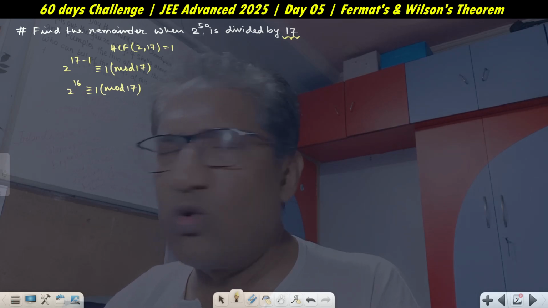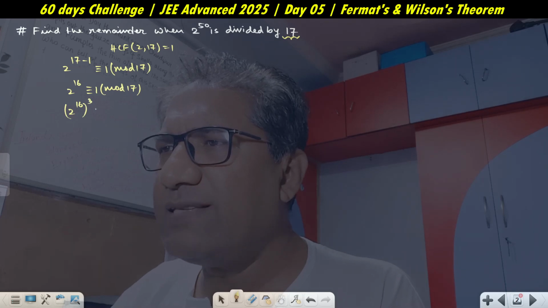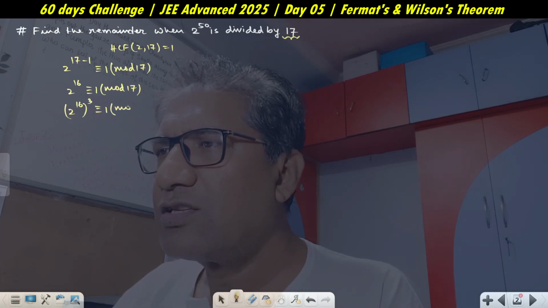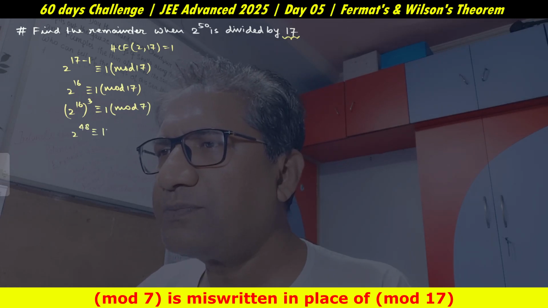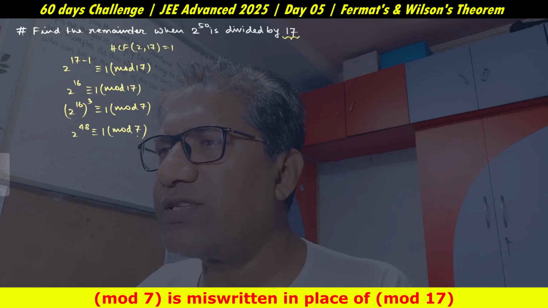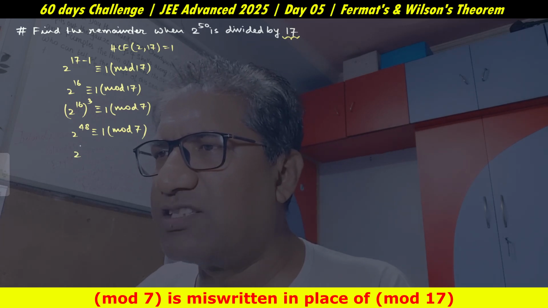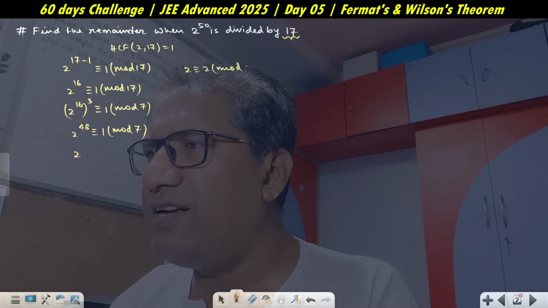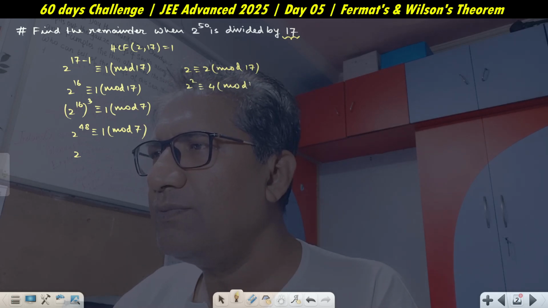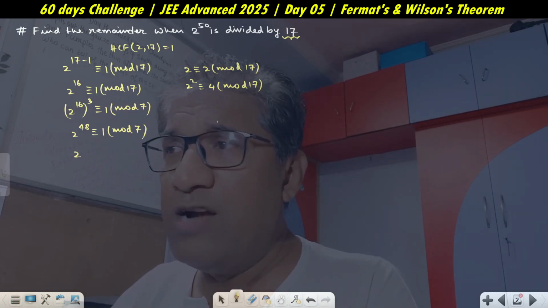Now we have to reach 2 to the power 50. So now I can raise its power to anything. Let me raise its power to 3, so again the remainder will be 1. So 2 to the power 48 is congruent to 1 modulo 17. But we have to reach 2 to the power 50. So 2 and 2 are congruent modulo 17, so 2 square and 4, that is, 2 squared is congruent to 4 modulo 17.